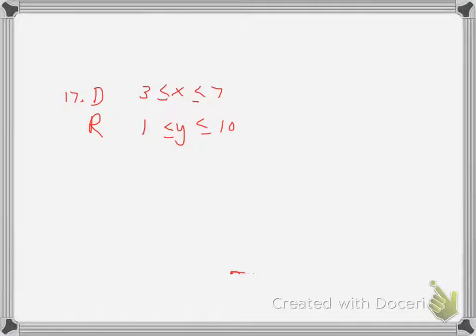So your answers for 13 and 15 are found in the book. For number 17, it just says, sketch a graph of a function with the given domain and range. So recall that domain has to do with the x-axis. It's going to be between 3 and 7.